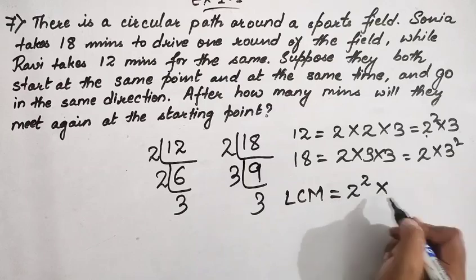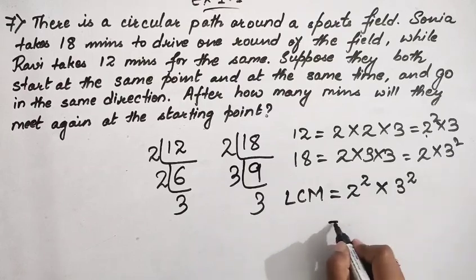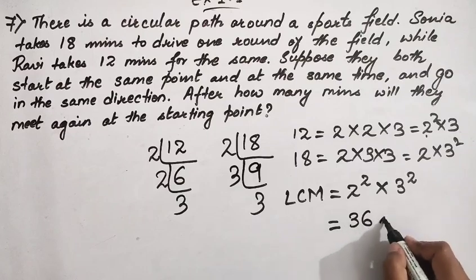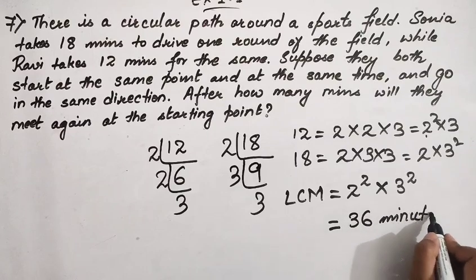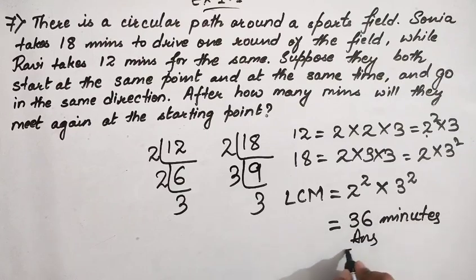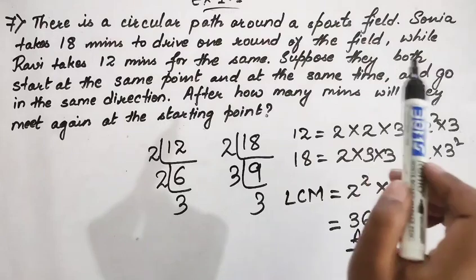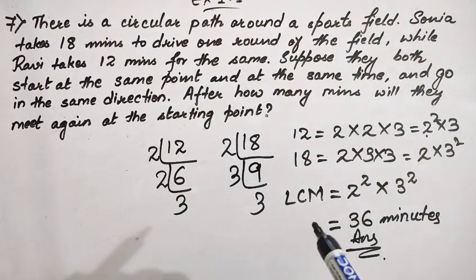So 2 square into 3 square. That would lead us to 36 minutes, which is your answer. So after 36 minutes, Ravi and Sonia will meet at the starting point at the same time.